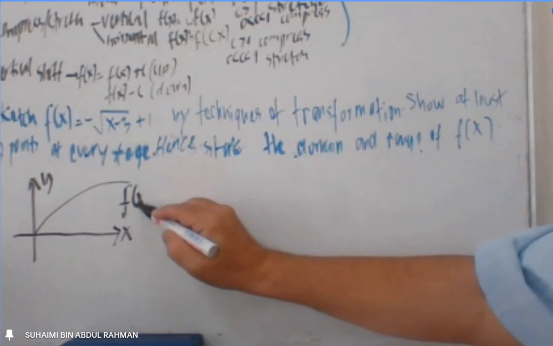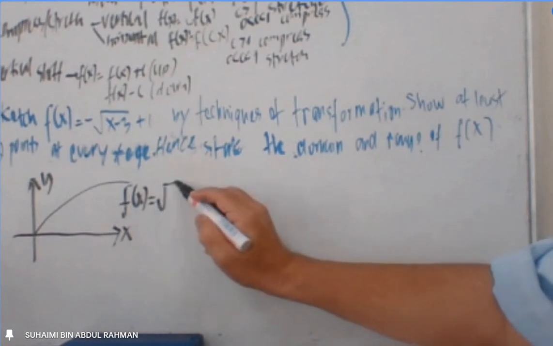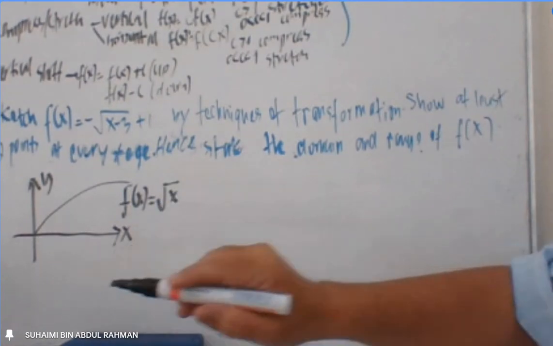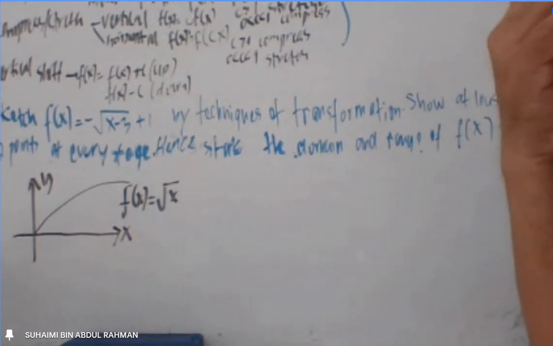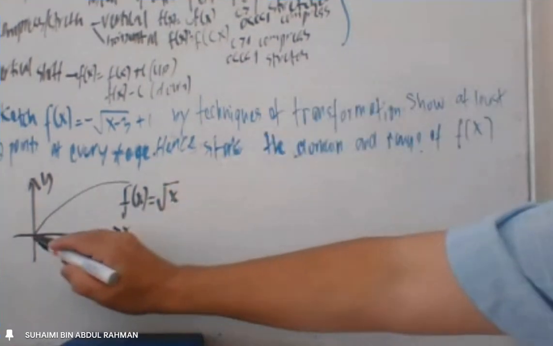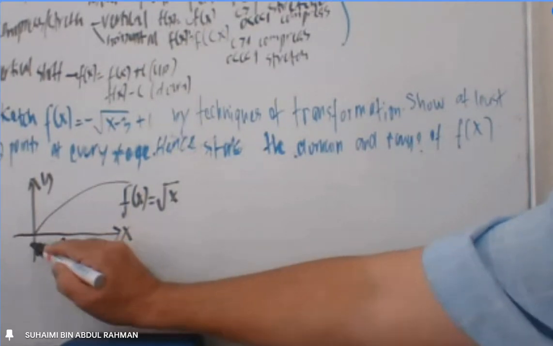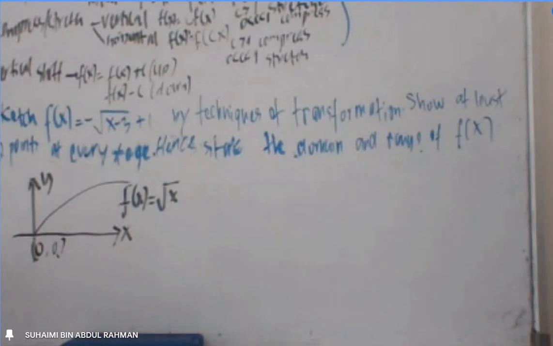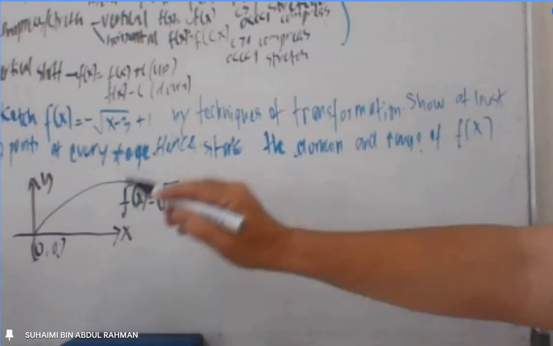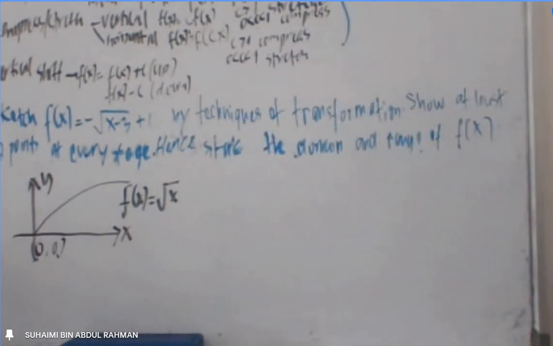The basic function, square root of x, and 2 points. I choose points 0, 0, or whatever points you want, because I choose 0, 0 because it's easy to see the movement of those points. And the points we choose, what are the points we choose?